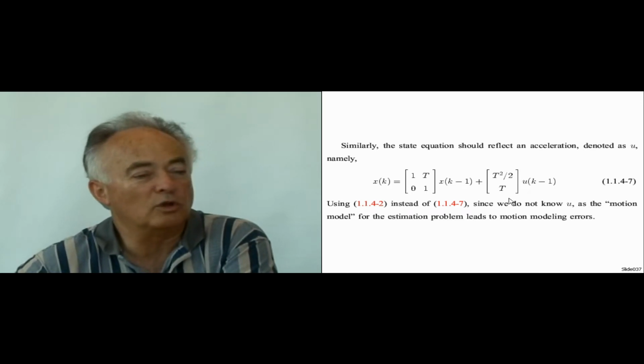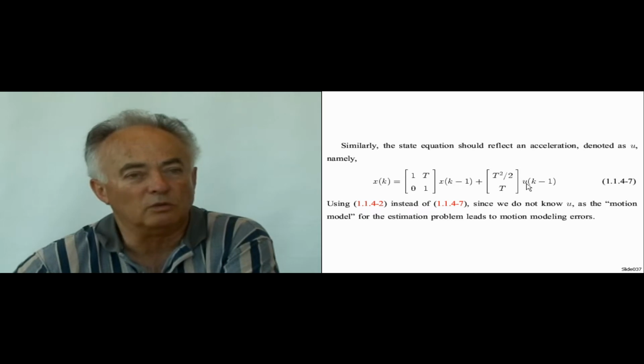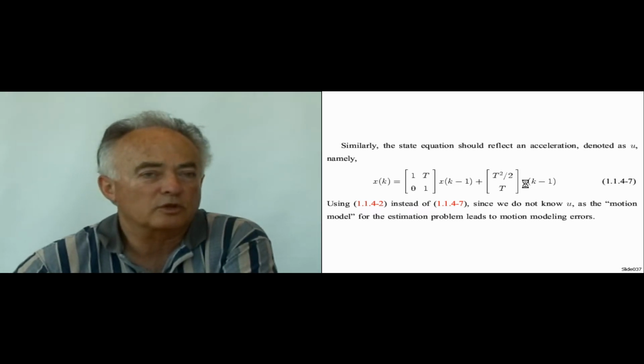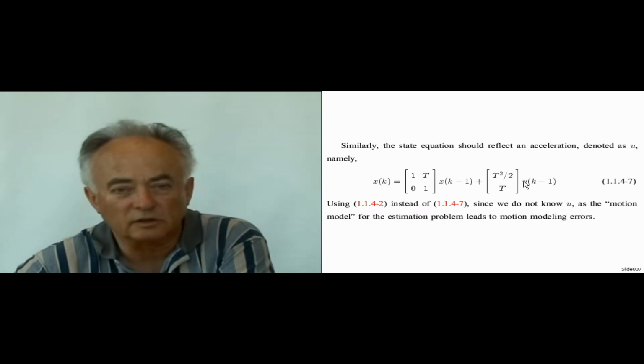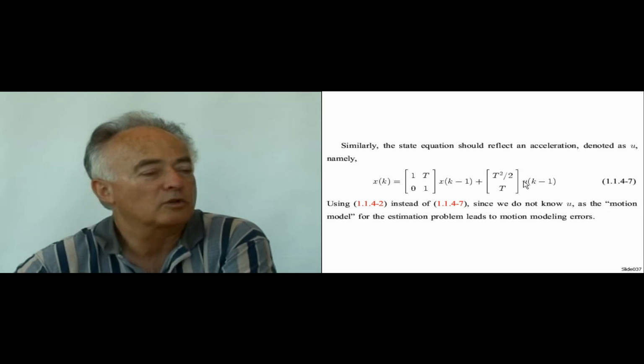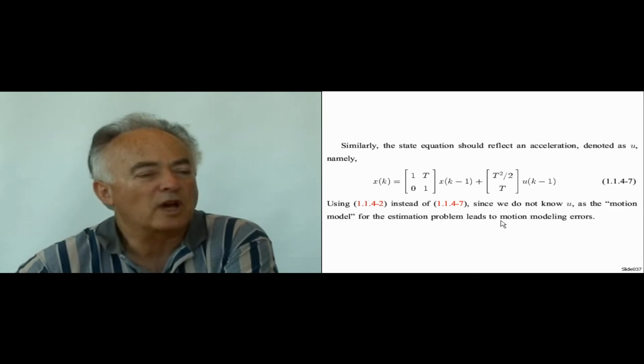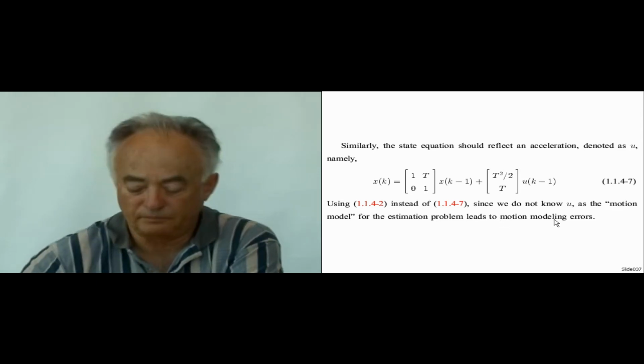However, we don't know u. So the question is, can we have a filter and its performance analyzed in view of the fact that we don't know u? This is what we are going to do next: evaluate the effect of these modeling errors.